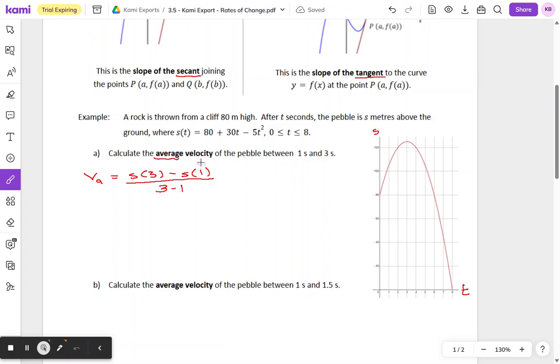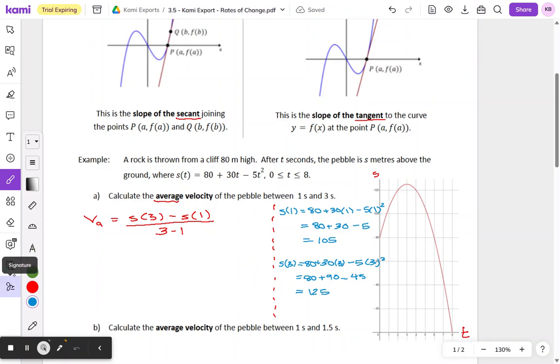Okay, and then the denominator will be 3 minus 1. Okay, so you're going to have to calculate, plug in and figure out S at 3, S at 1. Okay, so I'm going to pause the video and give you a moment to do that, and then I will come back and show you the answer, and move on to the next.